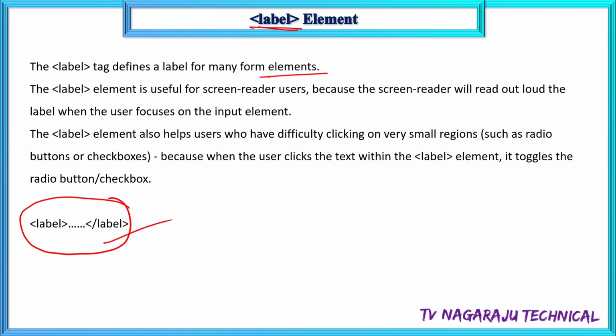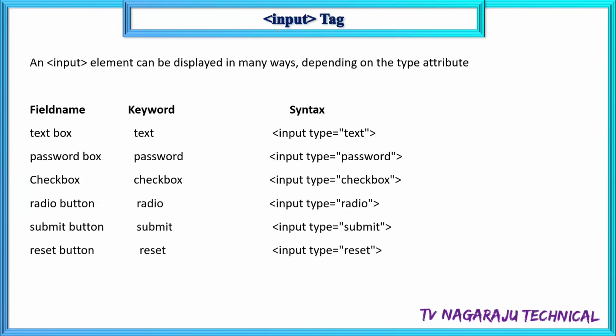Now, this is the most important tag we are using: input. Why is it important? The form's purpose is to take input from the user. So to take input from the user, we are using this input tag. Now, this input tag takes input in different ways.